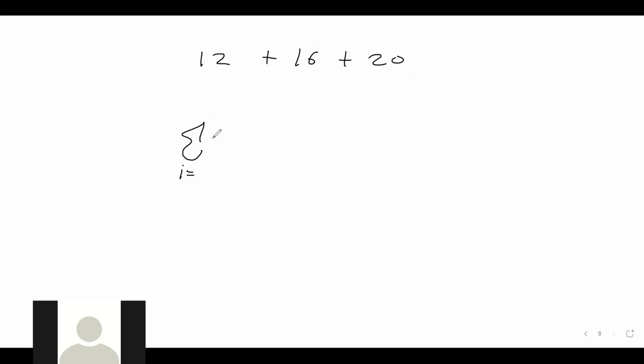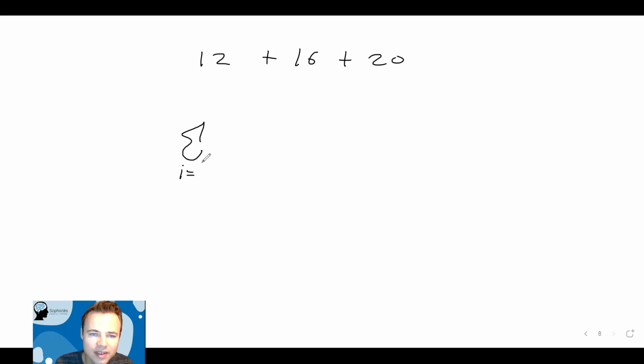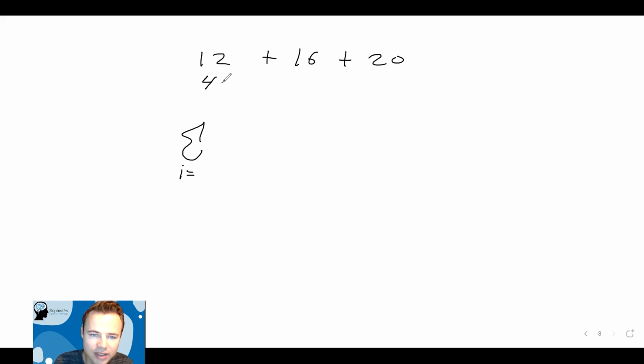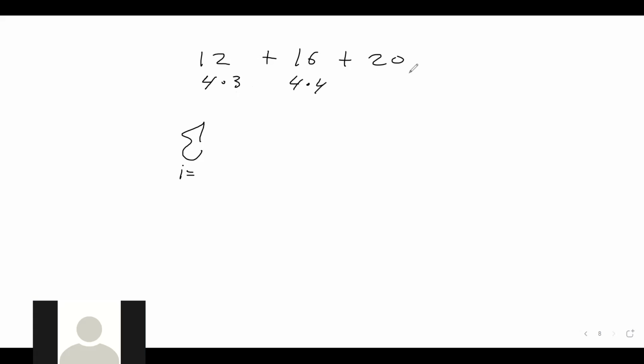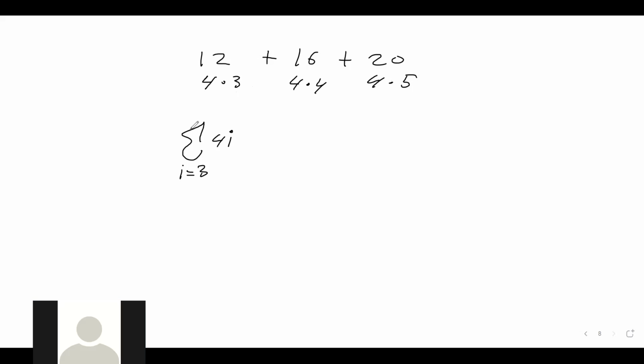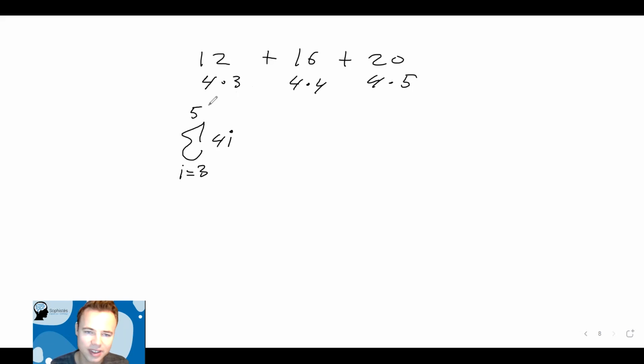No, I mean the bottom is i is 3. It starts with i is 3. Okay. How do we know that? Because it's a form of 4. So every time 4 is added, and 3 times 4 is 12. So you start with 3. Yeah, so 4 times 3, you say? Yeah. 4 times 4 and 4 times 5, right? So it starts with 3 and then 4i. That's what you're saying. And then what will be the n? 5. Yes, very good. Thank you, Boris.